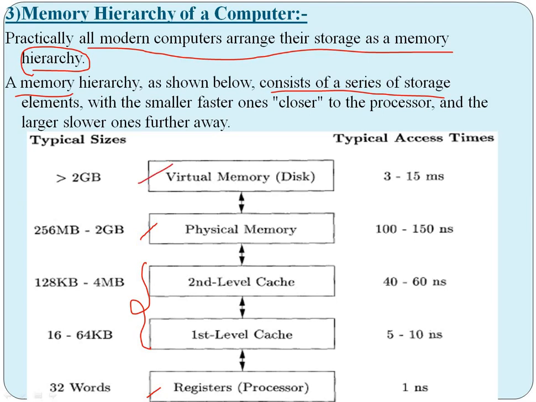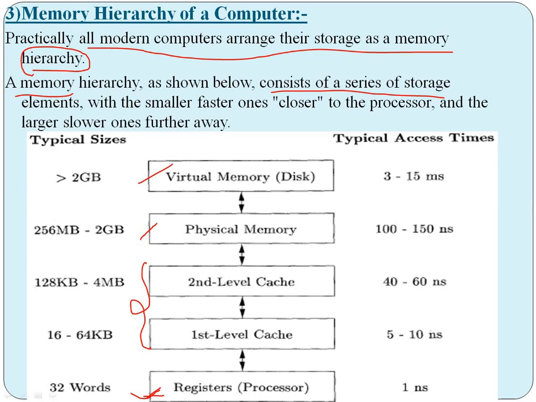So in this diagram we have four types of memory: registers, cache memory, physical memory, virtual memory. Registers are part of the processor, the closest storage that can be accessed by the CPU. A register stores limited information, but it is very close to the processor, so it can access it easily and faster.